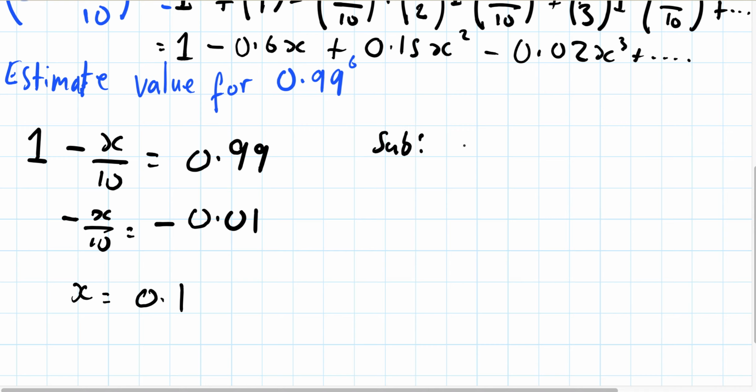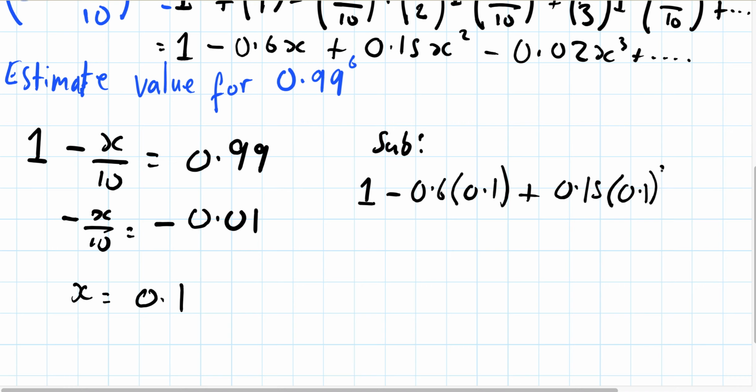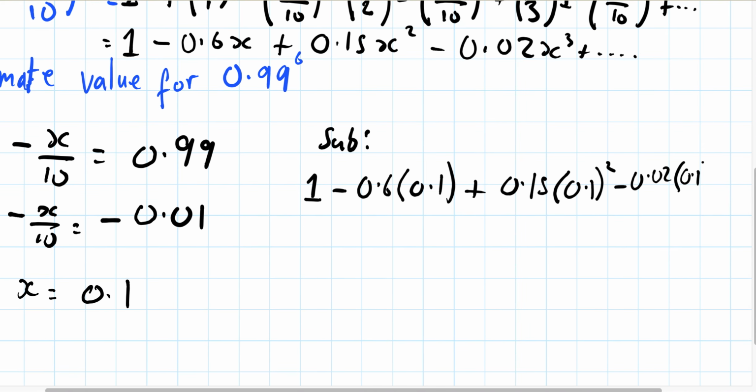So 0.99 to the power of 6 would be 1 minus 0.6 times 0.1, add 0.15 times 0.1 squared, minus 0.02 times 0.1 cubed. Doing that on my calculator, that equals 0.941.